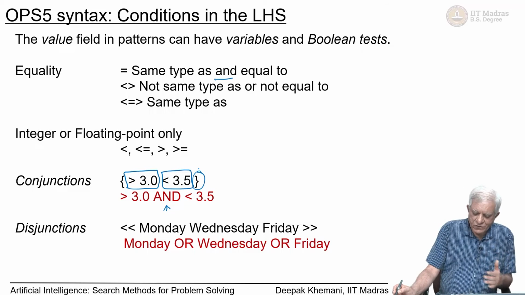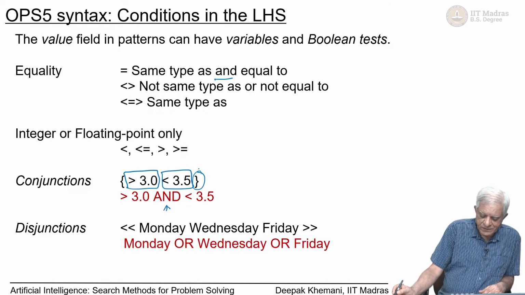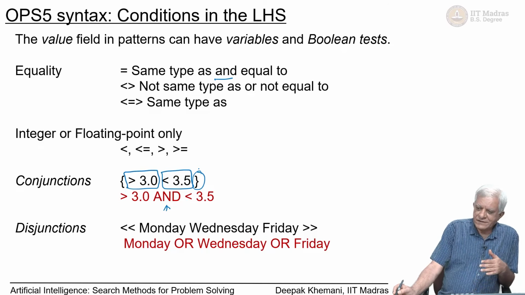If you use two angle brackets as the one shown in the bottom, then it is a disjunction, or an or essentially. So, supposing we are talking about the day of the week, then the rule will match either if it is Monday or if it is Wednesday or if it is Friday.